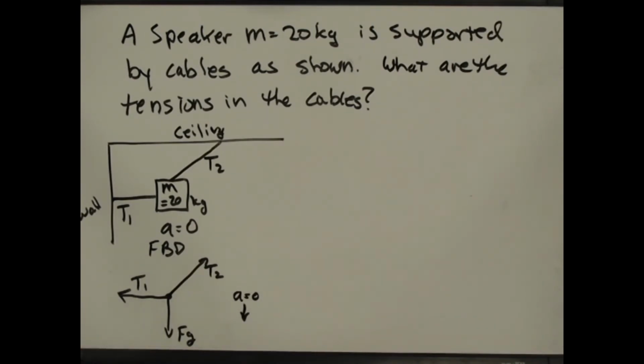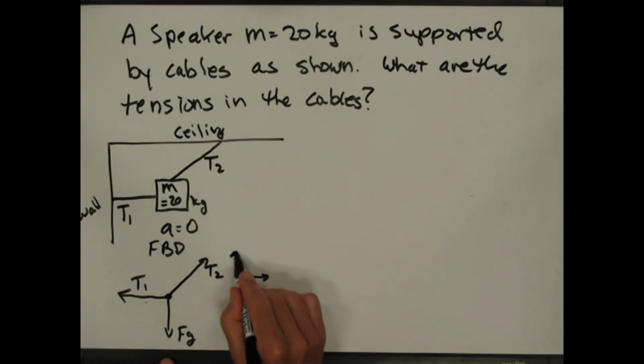Now I need to pick a coordinate system, but first I need to deal with the fact that I have one of these tensions that isn't along one of my axes. If I'm going to pick a coordinate system, I pick it based on my acceleration. It's going to look like this again.